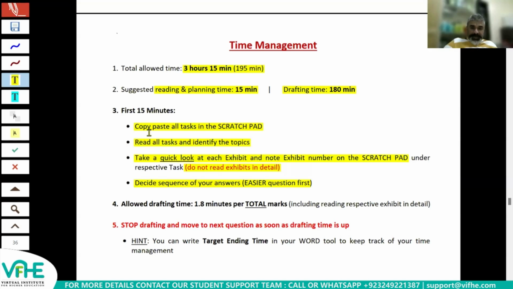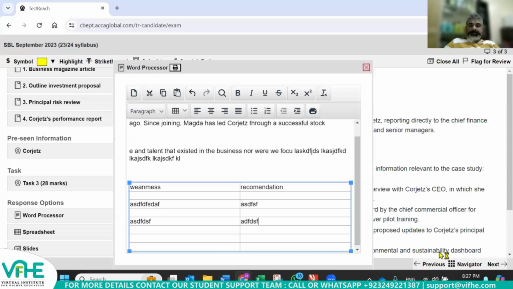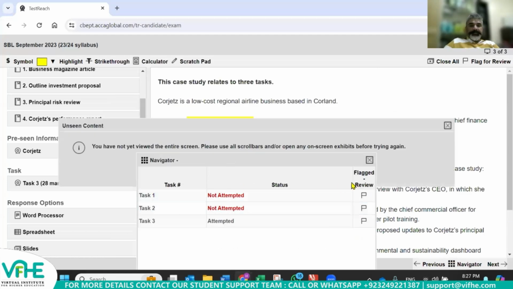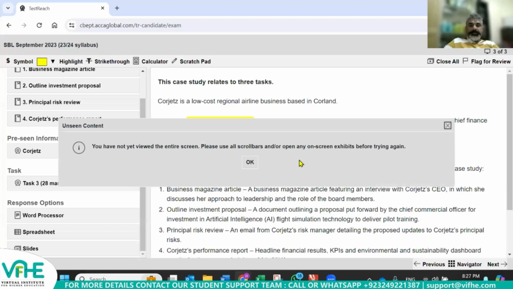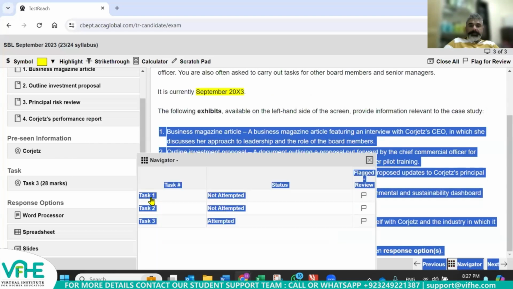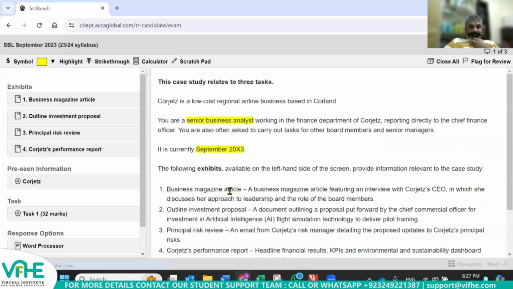So let me start again. The first thing is all tasks in the scratch pad. I'll show you why I'm saying it. When you open the paper, only one task is available, right?